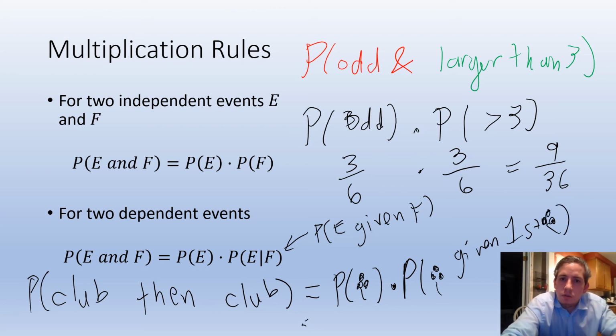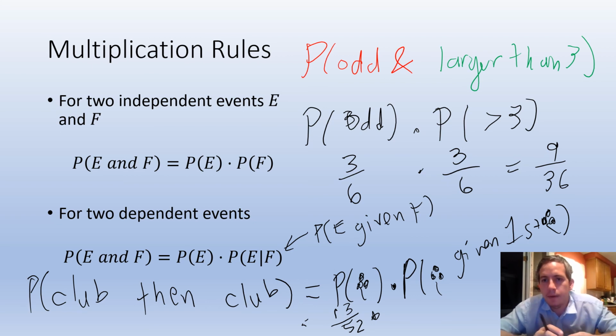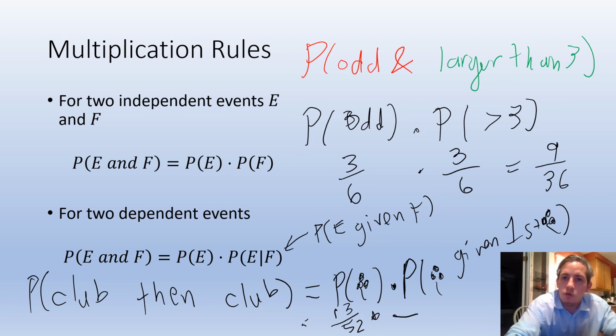So this is equal to, the probability I get a club on the first card is 13 out of 52. But then here's the strange thing. The probability I get a club given that the first card is a club: if the first card is a club, I've taken a club out, so I now have 51 cards left in the deck, and only 12 of them are clubs.